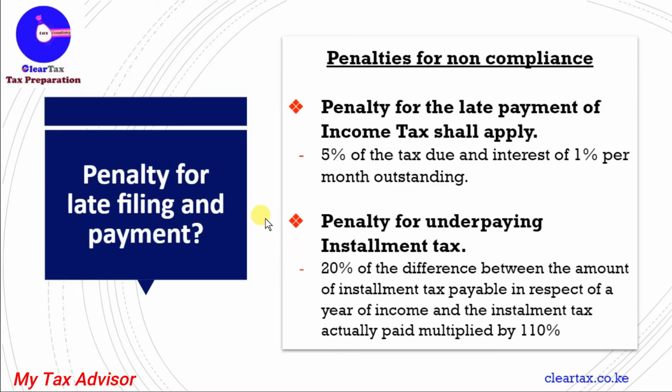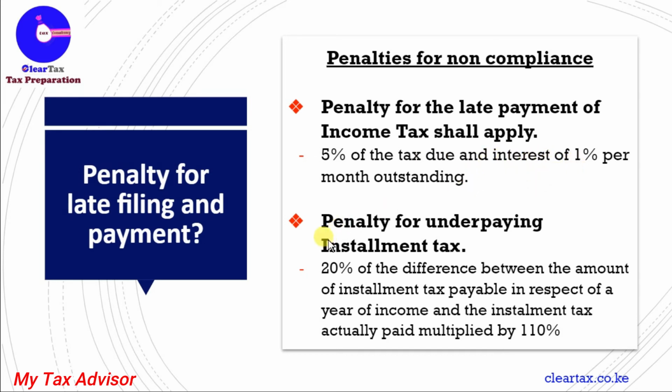So finally, we are tackling the penalties for non-compliance with the installment taxes. So you'll be liable to pay penalties, and the first one is if you are late in paying, you pay your taxes after 20th, then you'll be liable to a 5% of the tax due and interest of 1% per month it's outstanding.